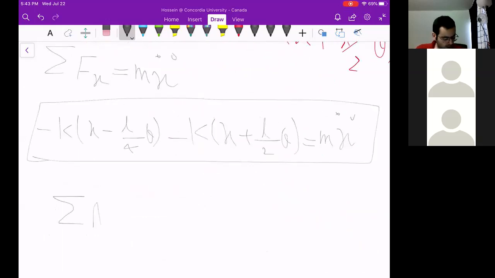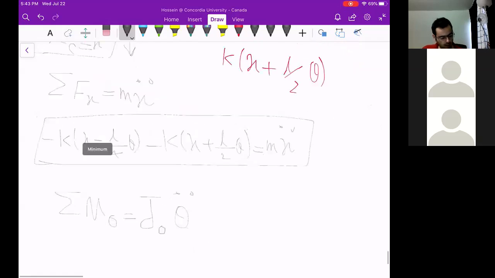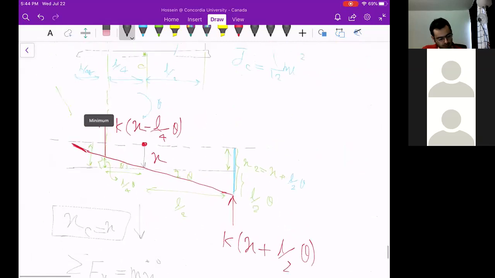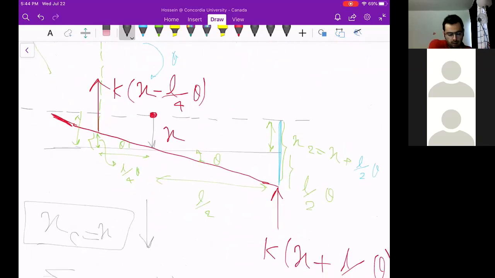Now go for the independent rotational motion. Summation of moments around point O equals the mass moment of inertia around point O times theta double dot. Point O here is basically JC, since the system rotates around the center of gravity. The positive direction, as the question also gives us a hint, is clockwise.